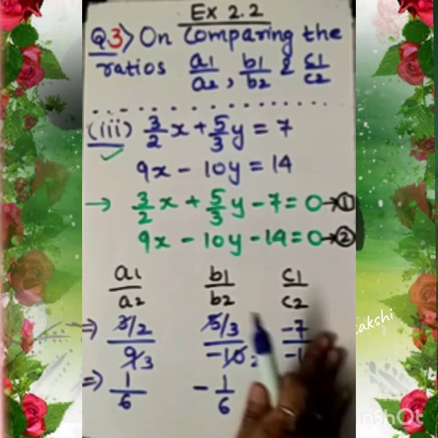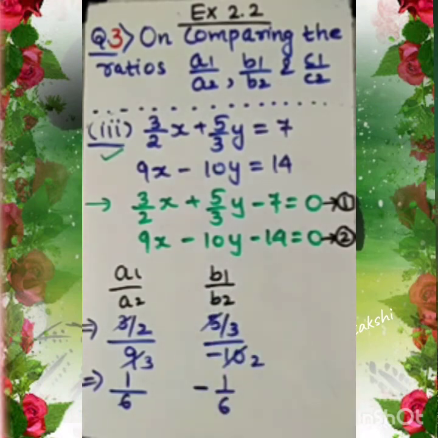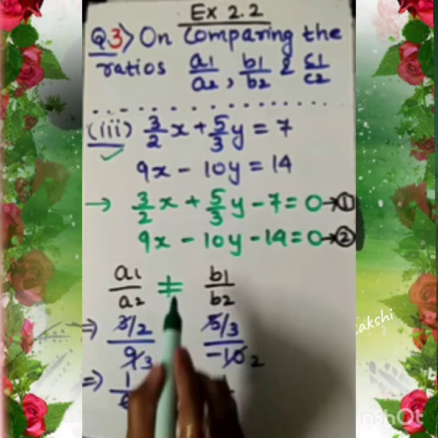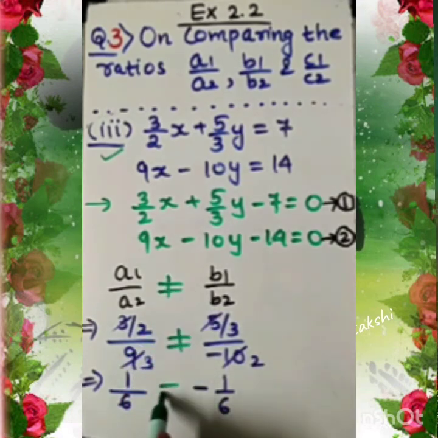In such a case, we need not proceed to C1 by C2, because here we come to know that this is not equal to this. And as we know, this not being equal means that it has a unique solution. Another way we can say it is intersecting lines.